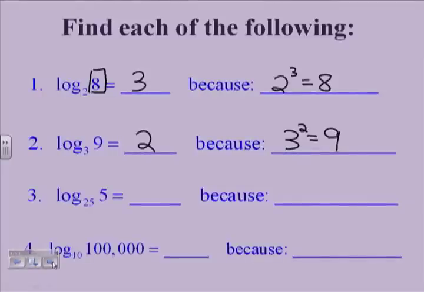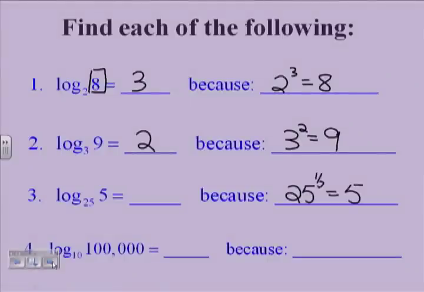So now we say 25 raised to what power will give you an answer of 5? Well, now that one becomes a little bit scarier. We've got 25 raised to something is equal to 5, and you say, well, how does it get smaller? You might realize that, hey, the square root of 25 is 5.